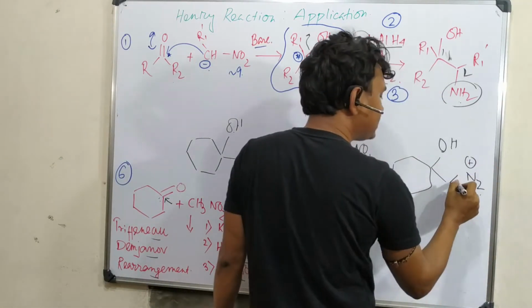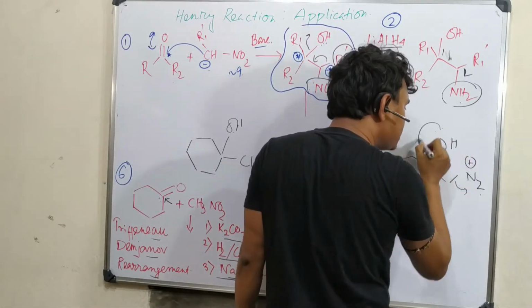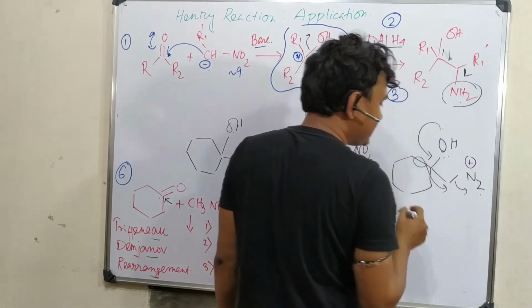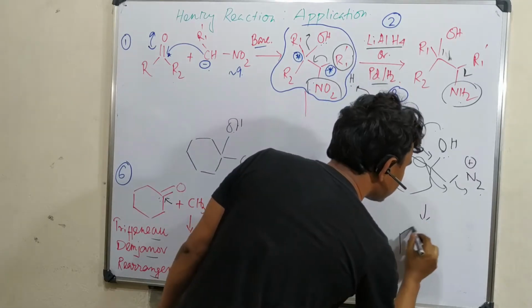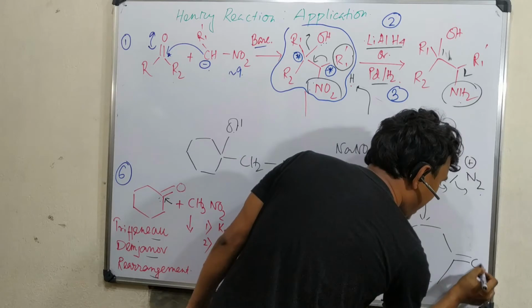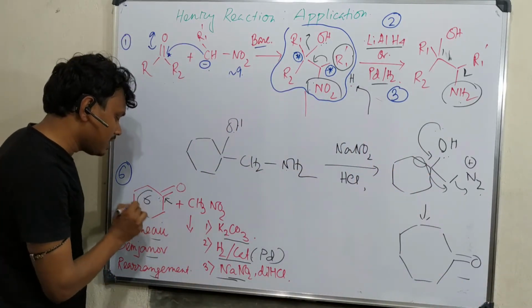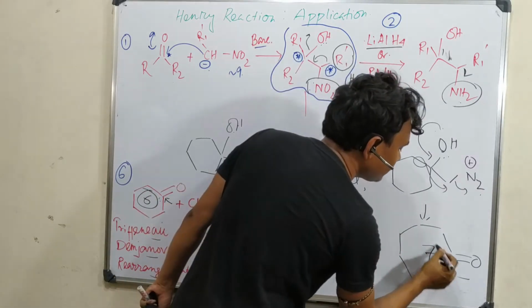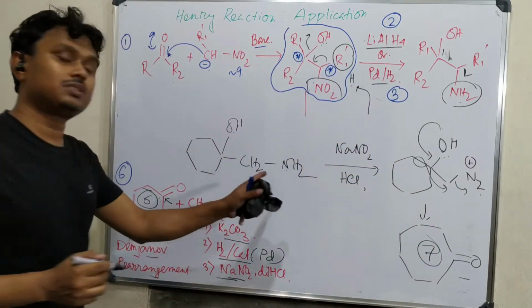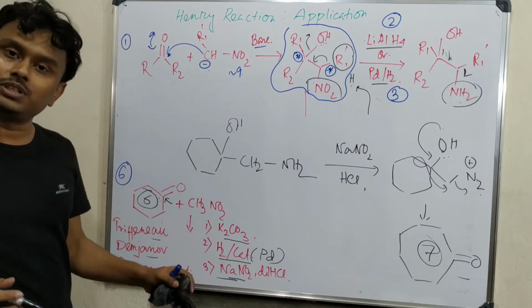So what happened? It leaves. Consequently, this oxygen pushes its lone pair and this group migrates, and ultimately this results in the preparation of a higher-size ketone. So from 6-member cyclohexane we are getting a 7-member cycloheptanone. So this is a unique strategy for ring expansion, and this is called the Tiffeneau-Demjanov rearrangement.